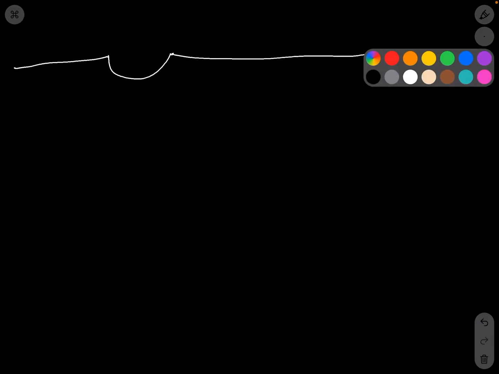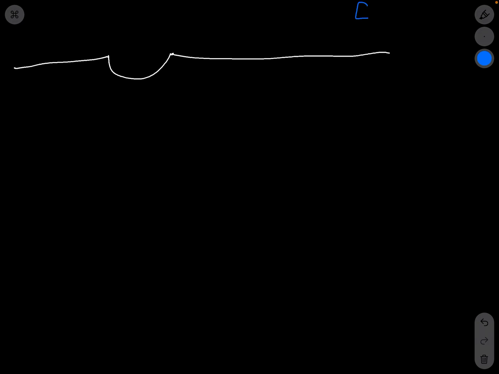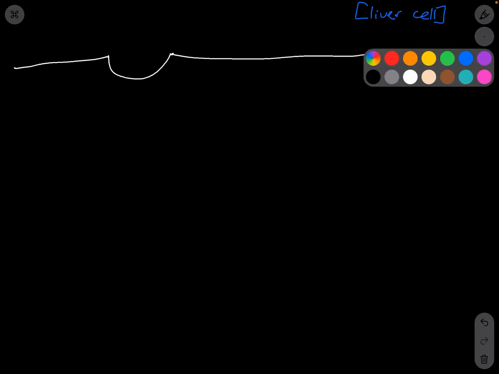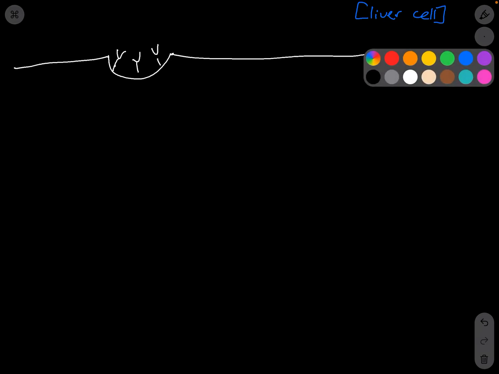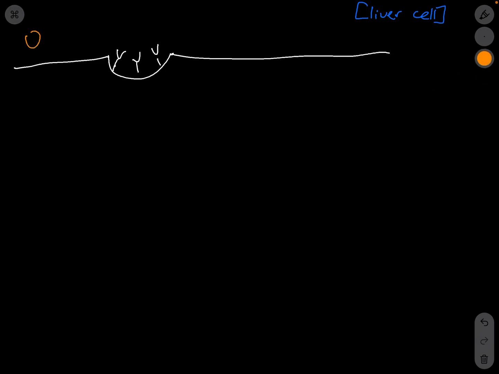I'll draw this outer surface of a liver cell in white. And over here, in what we call coated pits, we have LDL receptors on it, and let's say we have LDL flowing through the blood.